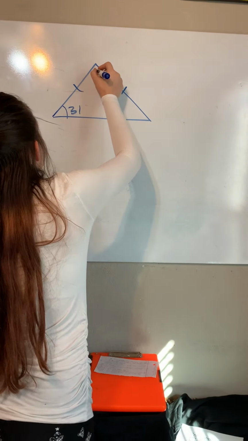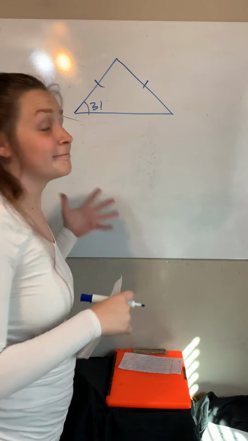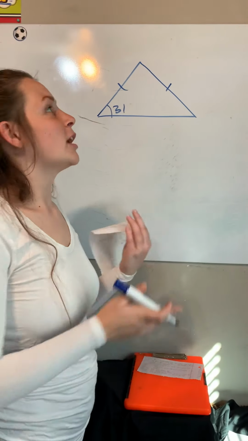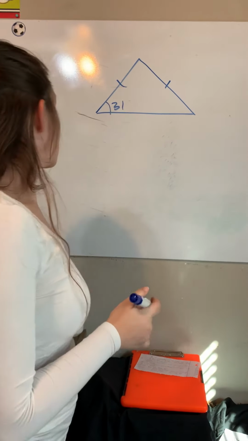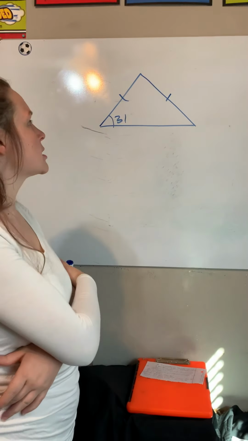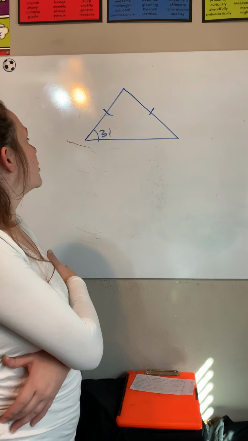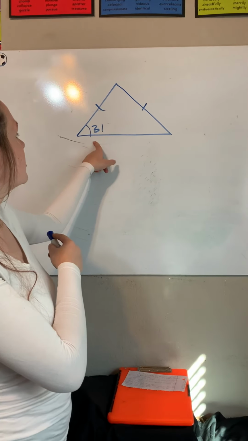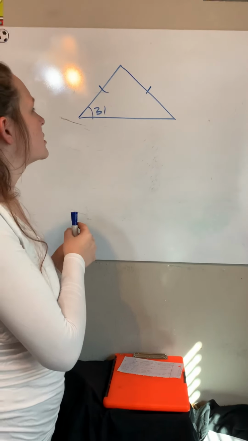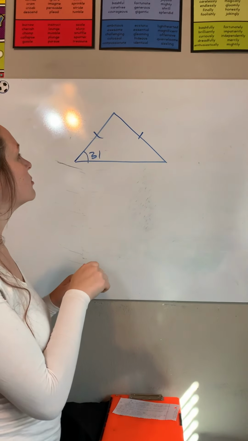And we want to know, well, this is all they gave us. So how do we move on from here? Well, let's think about it. There are two hash marks, so that means it's an isosceles triangle. And there's a little angle here, and this doesn't look too big, so it must still be a scalene triangle.